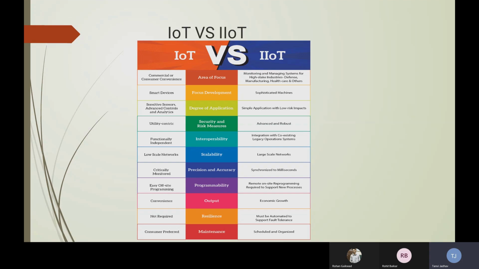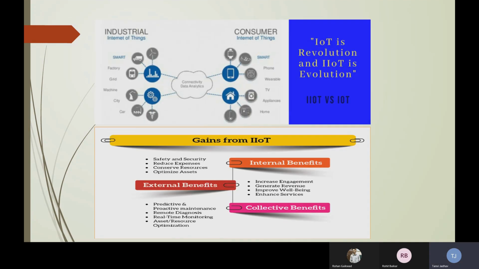The maturity reached by IoT made the ecosystem expand, meaning that machines were communicating more with other machines, while connectivity and data acquisition are imperative for industrial IoT. So IoT is revolution and industrial IoT is evolution.